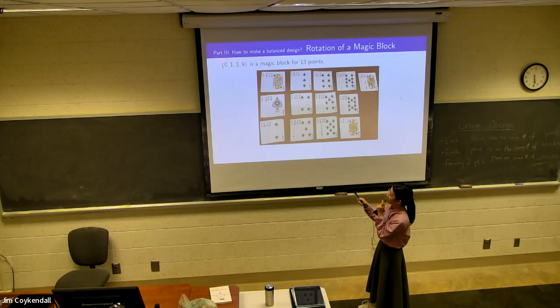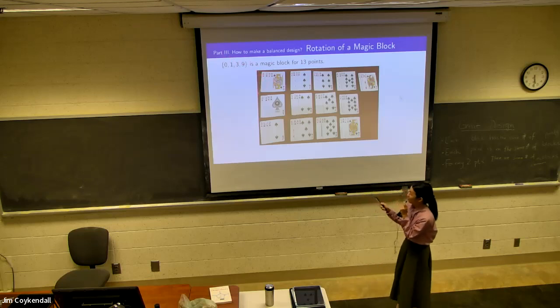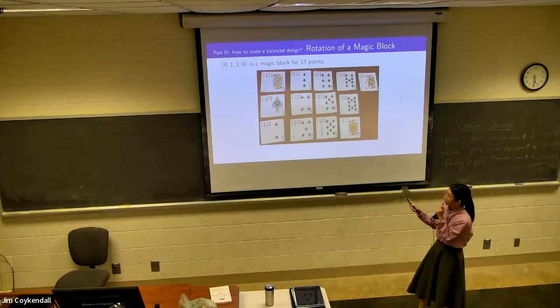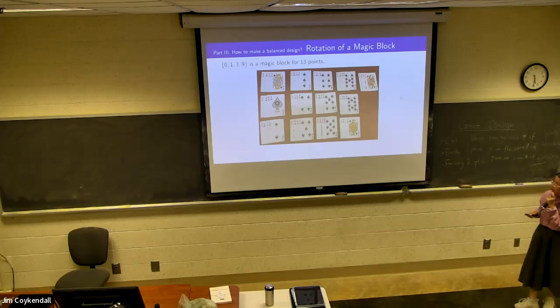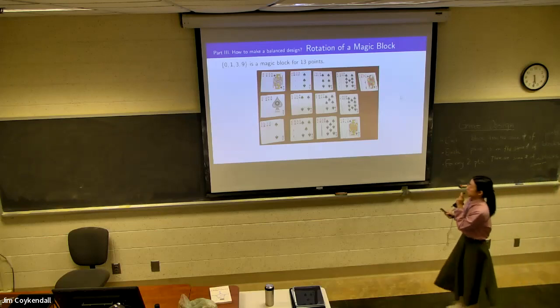Let's consider 0 as king, and then 1 is 8, 3 is 3, and 9 is 9, and you get the first block. Then you just add 1 to each of these cards, so 8 becomes 2, 3 becomes 4, 9 becomes 10, and king becomes 8, and of course you can keep doing it, and at the end you will exhaust all the cards, and now you get 13 blocks.